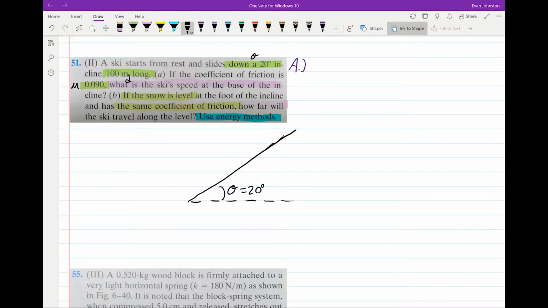My ski is going to be pretty shoddy. Sorry about that. It's like a little boat. And we know that the ski travels 100 meters, right? So essentially from here to here, it travels this 100 meters. So we know how far it goes.